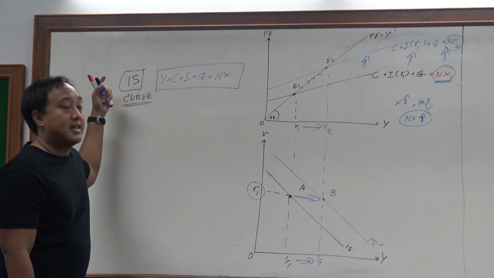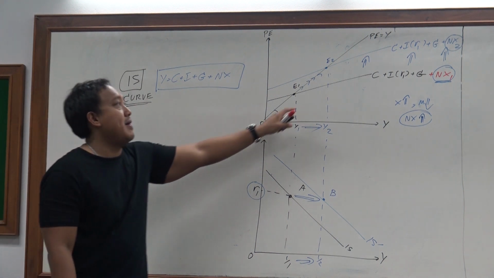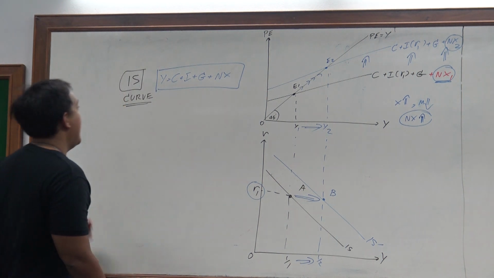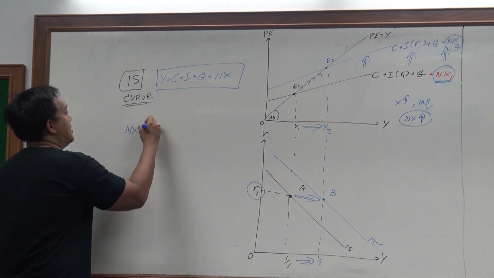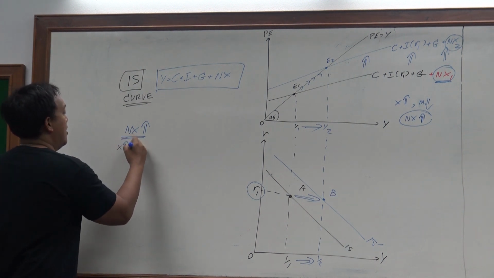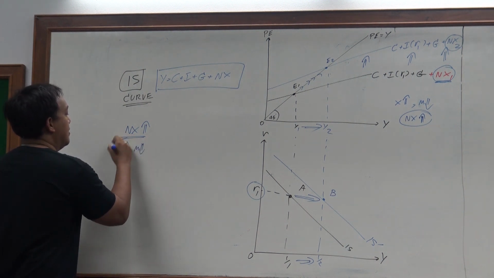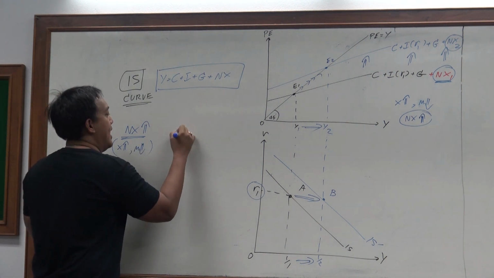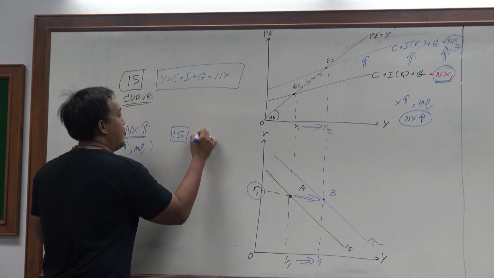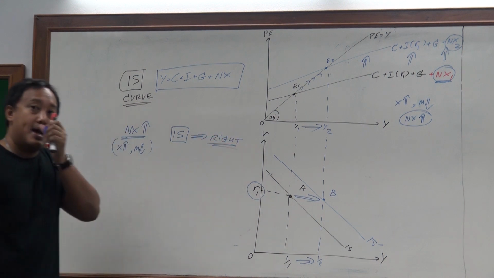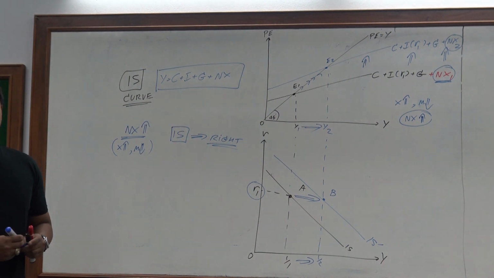If NX is increasing, if you export more and import less, you're going to have effects on the IS curve. The IS curve is going to shift to the right.